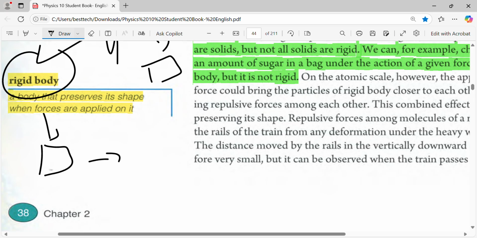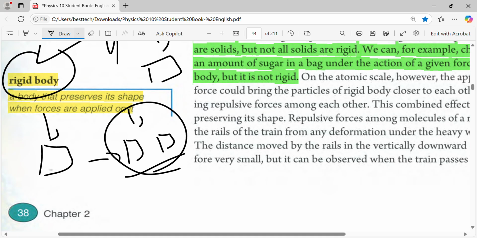After a while, it's going to break. I make it two parts because after applying force, it breaks. That means it doesn't have the ability to protect its shape, because I applied the force and it broke the object. So it cannot preserve or protect its shape after applying force. This is not a rigid body.